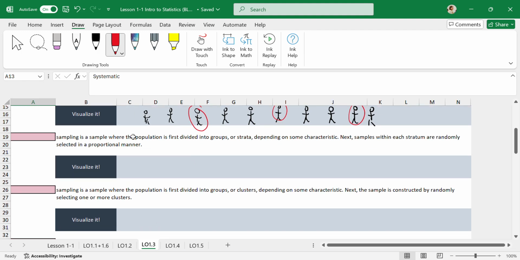The next two types of samples both involve making groups of people. The first one we're going to learn about is called stratified sampling. So for stratified sampling, imagine you've got, again, all your little people.